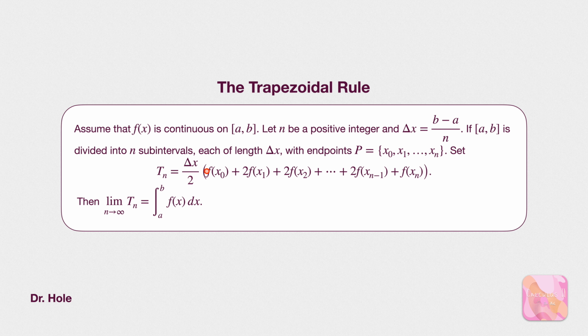And then that multiplies a sum of heights where all the interior heights get doubled up. Very good. And this is also a Riemann sum, and it recovers the true area under the curve in the limit. Excellent.